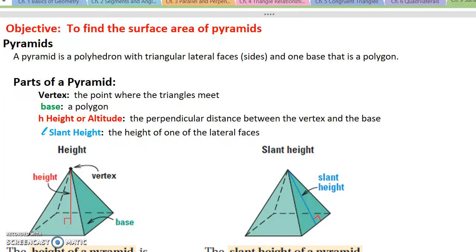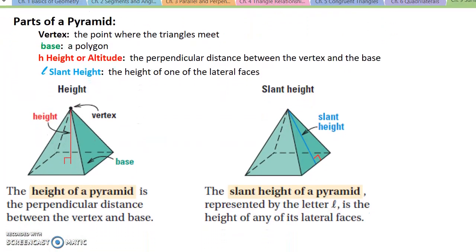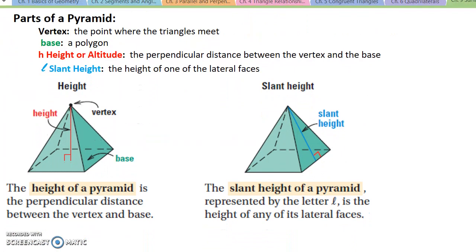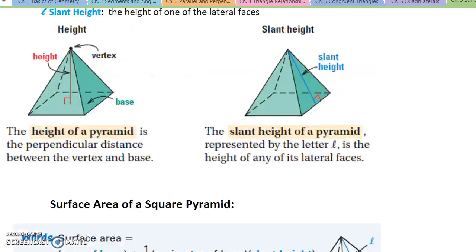The slant height is the height of one of the triangles. And we need that because we'll be finding the area of one of the triangles in order to compute the surface area, which again is just the area of all of the surfaces of the pyramid. So be sure you understand these parts. And this came straight from your textbook, so you can go back and take a look at that.